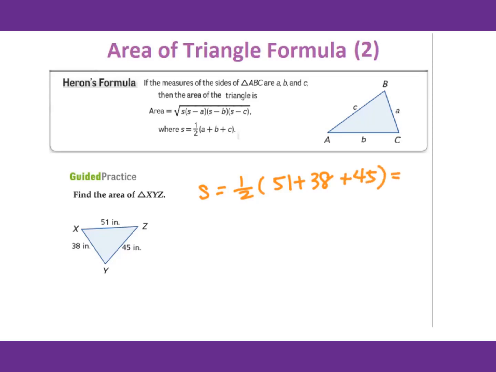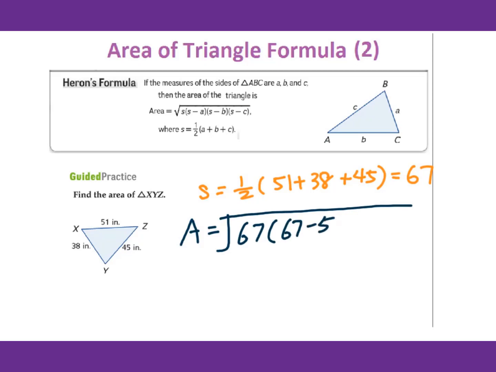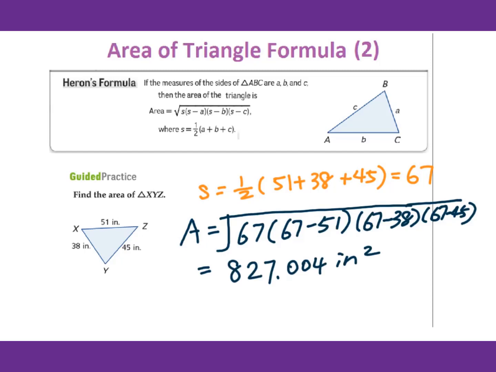Put into calculator, you will get 67, that's S. Then we plug into this formula, you will get 67 times (67 minus 51), (67 minus 38), (67 minus 45). Then put into calculator, and the answer will be 827.004 inch square.